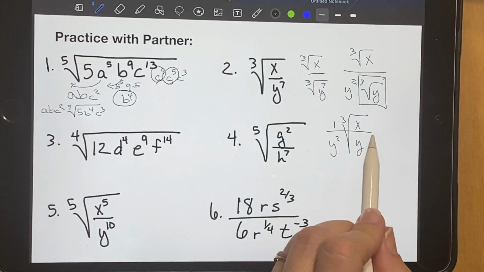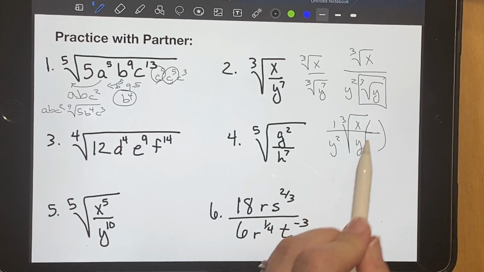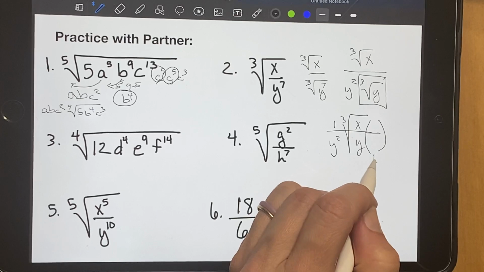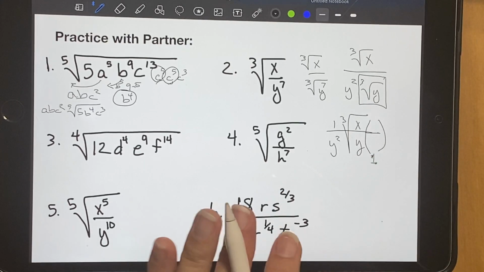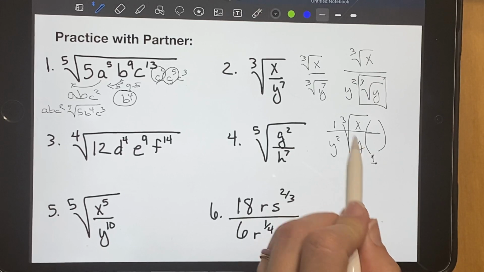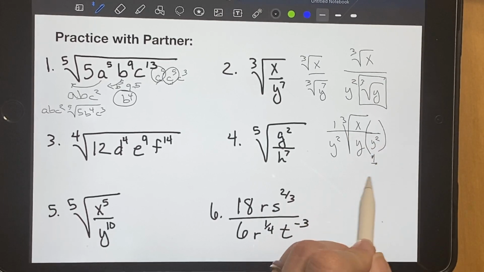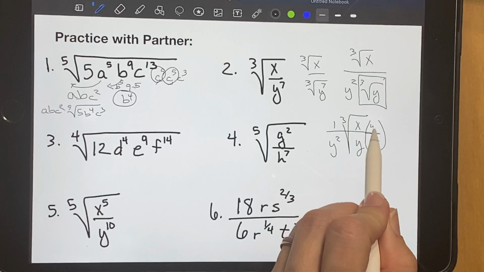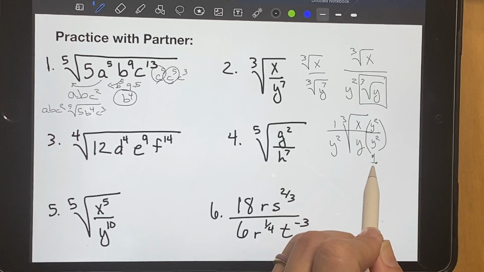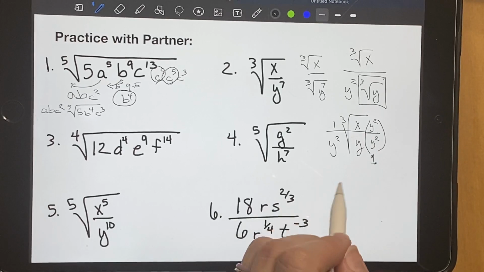Well, I only have 1, so I need 2 more. So we're going to use our math rule that when we multiply by the number 1, we're not changing anything. So I can multiply anything by the number 1. Well, I need 3 of them, and I have 1, so I need 2 more. So I'm going to put y squared over y squared. So y squared divided by y squared is the same as the number 1. I'm multiplying both the top and the bottom.